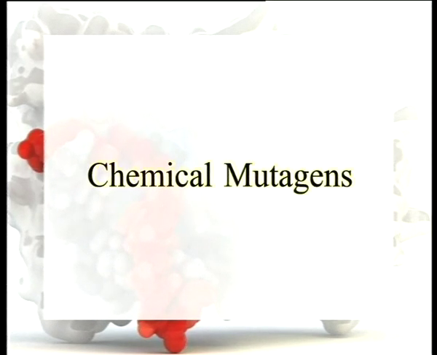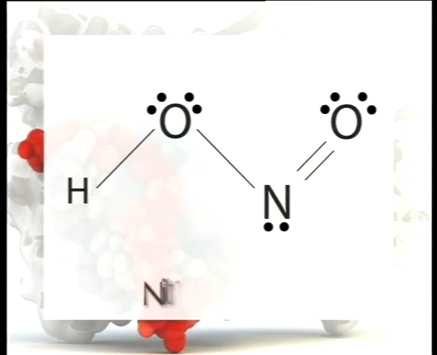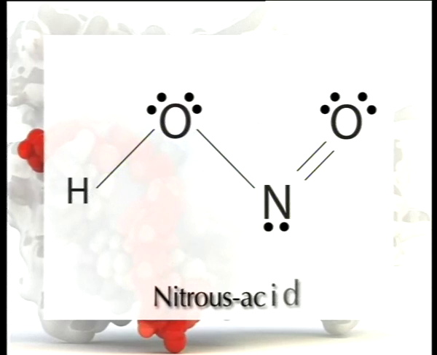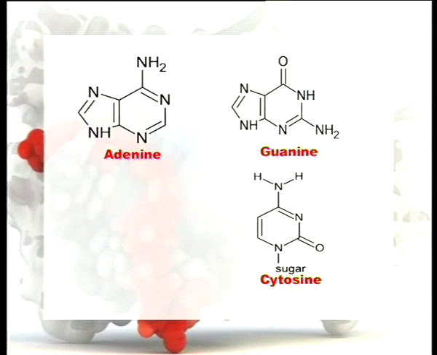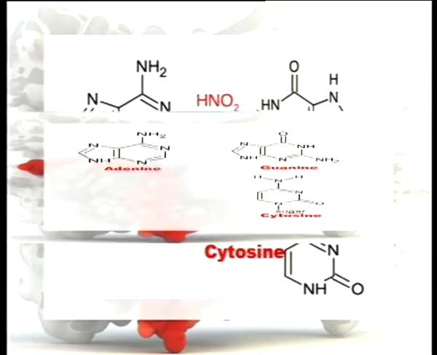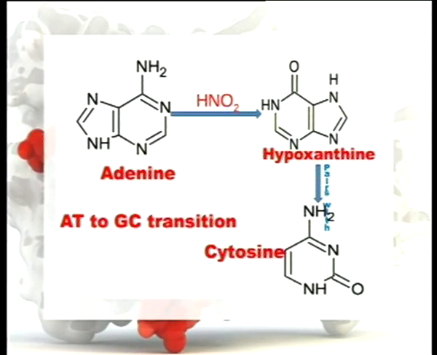Now, number two chemical mutagen, nitrous acid. Nitrous acid causes deamination of the bases that contain amino groups: adenine, guanine and cytosine. Adenine is deaminated to hypoxanthine, which pairs with cytosine rather than thymine.